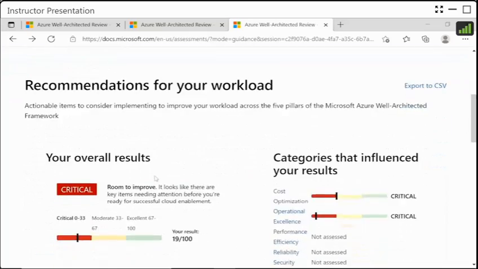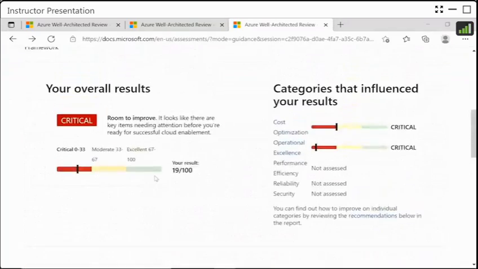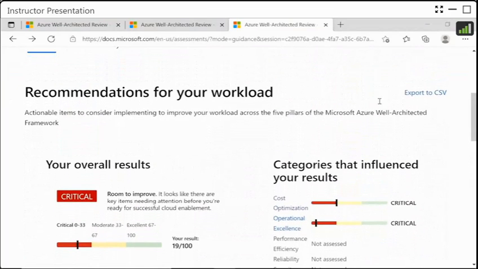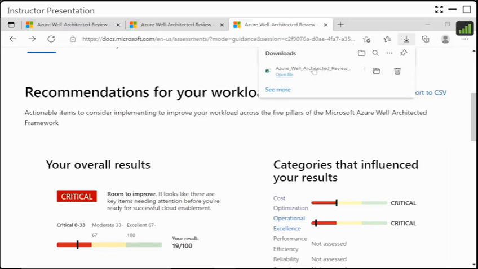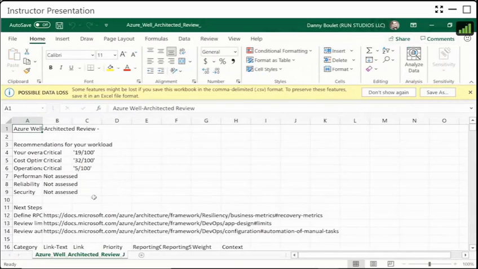And if I come back here under guidance, there's one other feature here I wanted to show. Oh, we can also export our recommendations, right? Remember, it's taking answers to those questions, and it's also combining that with the Azure Advisor recommendations. But if I click on Export to CSV, that'll build me an Excel document, and it takes all the recommendations, and I'll just go ahead and open this file and place them in an Excel document.